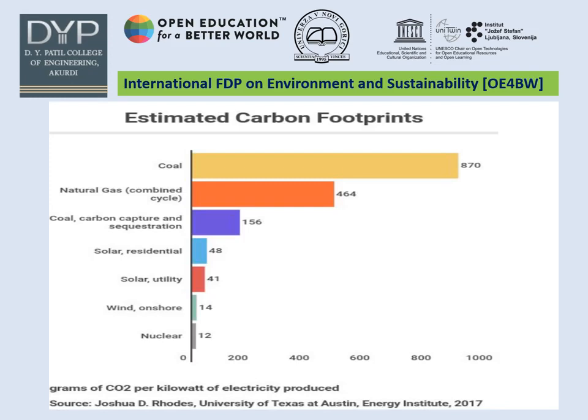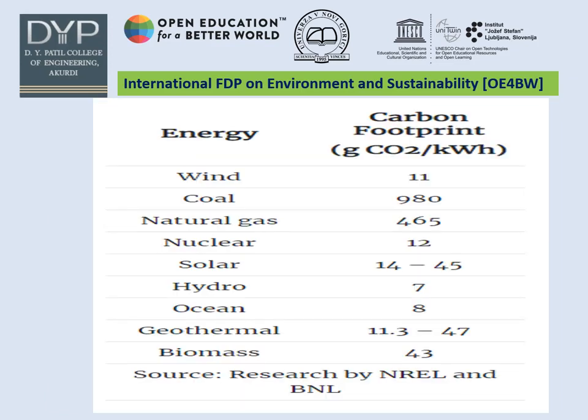In this, we can see wind onshore just produces 14 grams of carbon dioxide per kilowatt hour of energy produced, wherein if you see this particular table, the wind energy produces just 11 grams of carbon dioxide per kilowatt hour of energy produced. This is the research done by NREL and BNL.